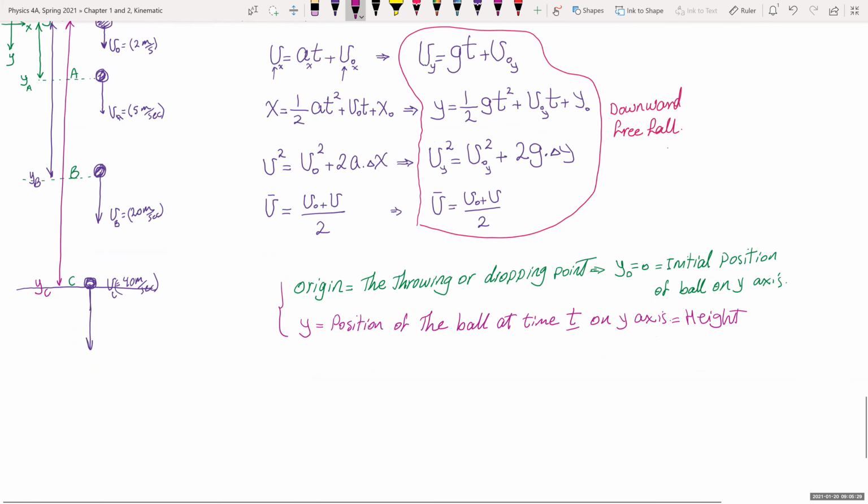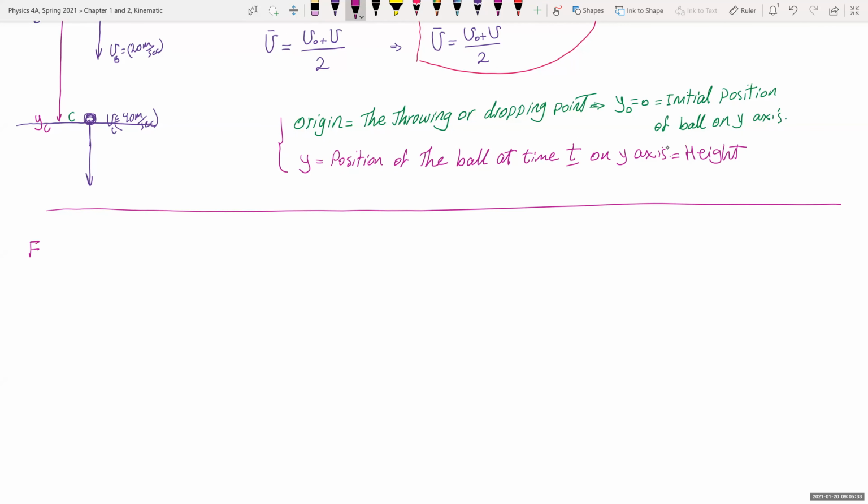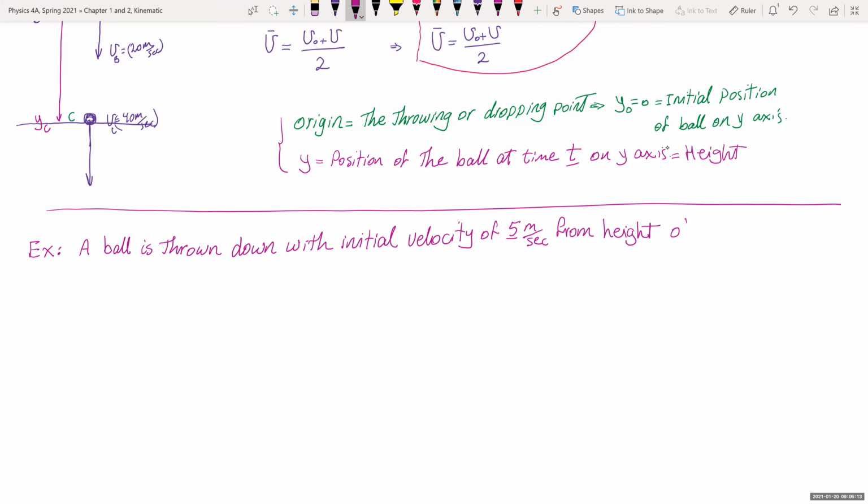So let's do one example. A ball is thrown down with initial velocity of 5 meters per second from a height of 50 meters above the ground surface.